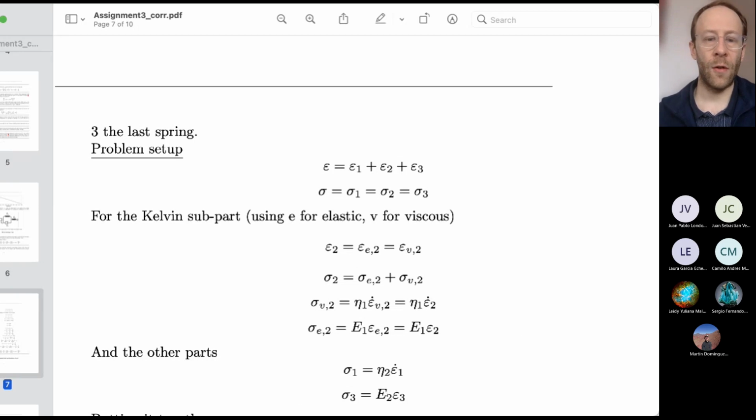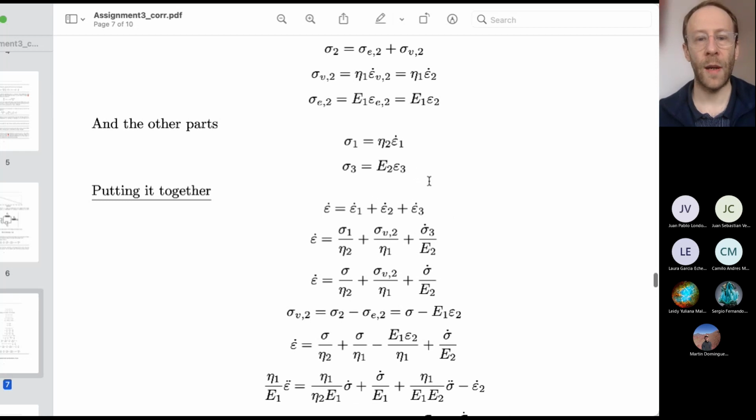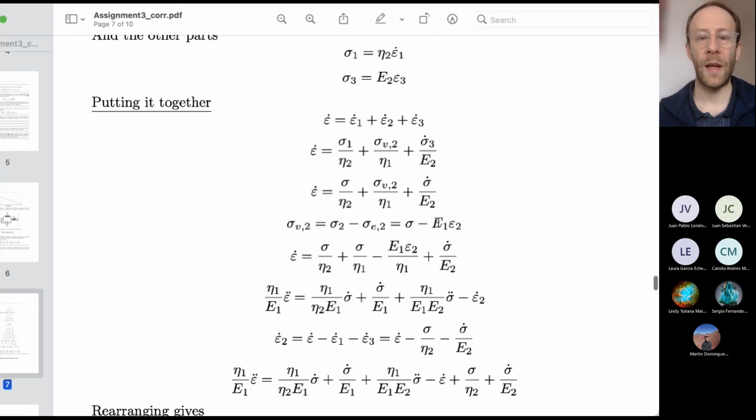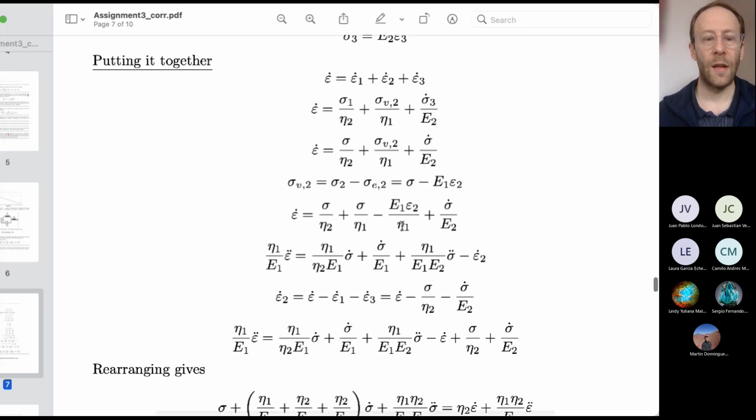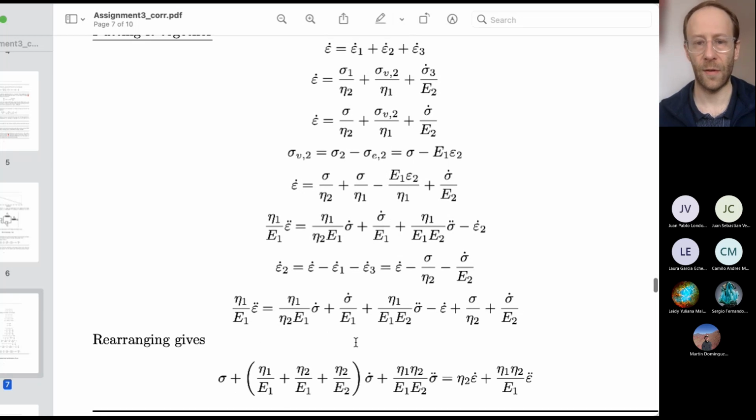Once you have all of these problems set up, it's relatively easy to find the answer, because you just need to gather everything and rearrange the equation so that you obtain the final answer. For example, here I took the rate for everything. When you put the different parts, you replace, you do minus, plus, you rearrange, and you obtain your final answer like this.